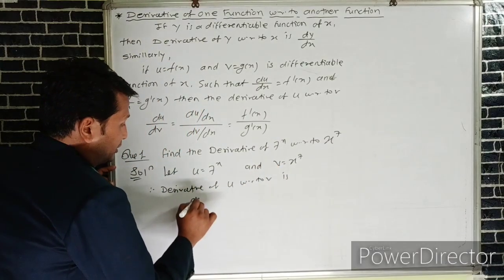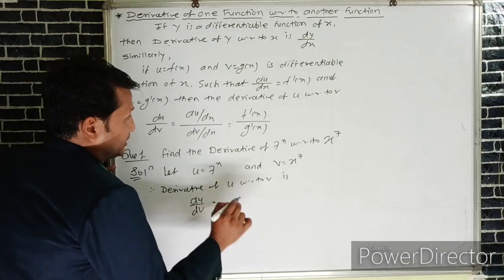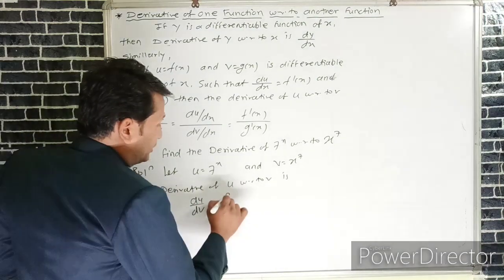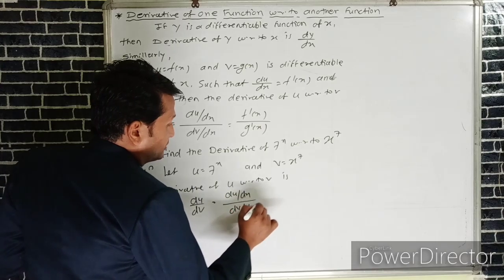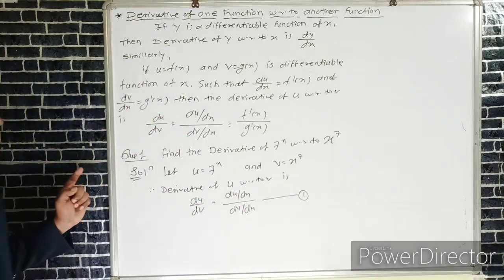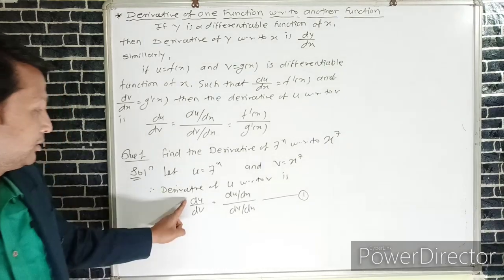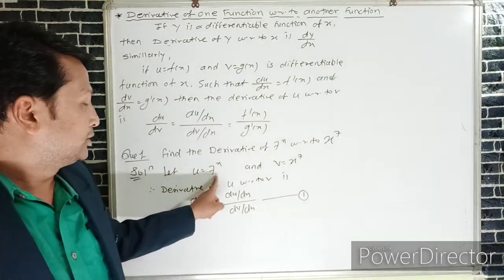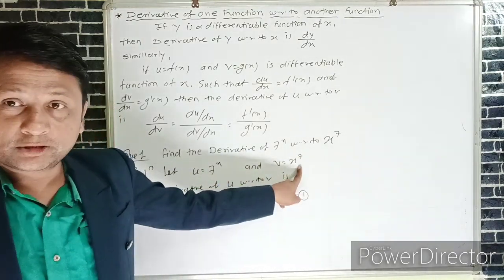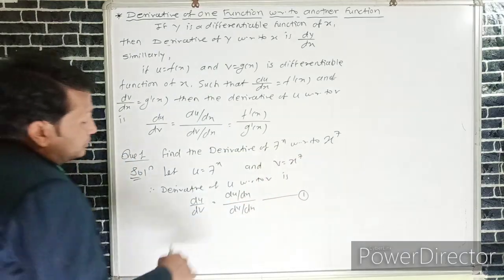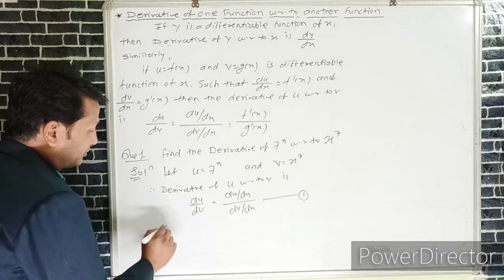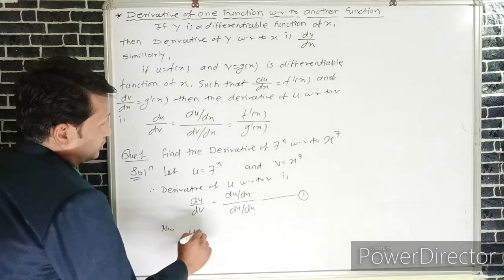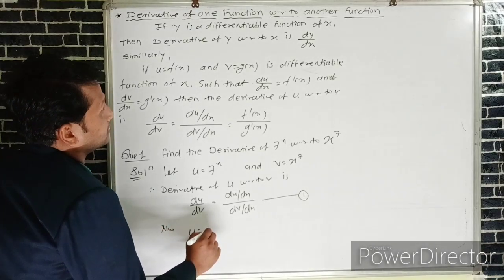Therefore du upon dv is equal to du upon dx upon dv upon dx, equation number 1. To find the derivative of 7 raised to the power x with respect to x raised to the power 7, we first find du by dx, then dv by dx.